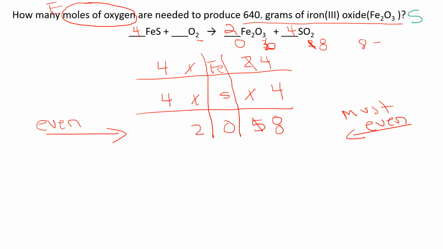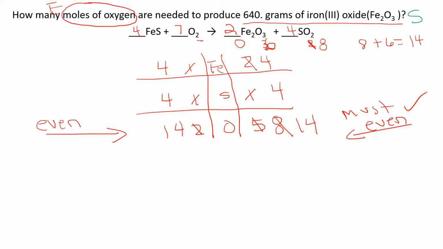So I have 8 plus 6 gives me 14, which is an even number. Okay, to get 14 over here, I would multiply 7 by 2, and that will give me 14. So now I am balanced.